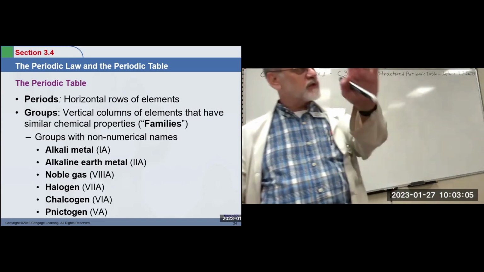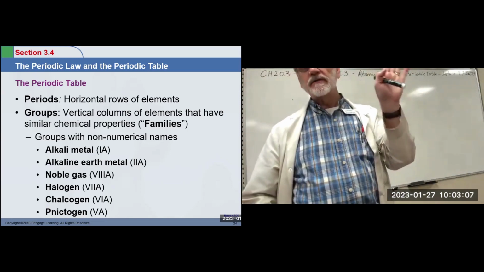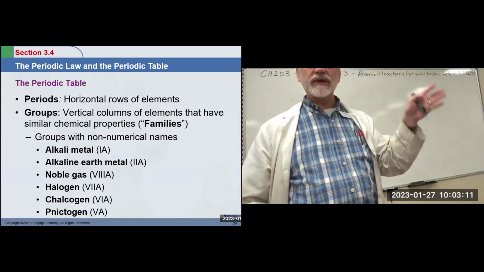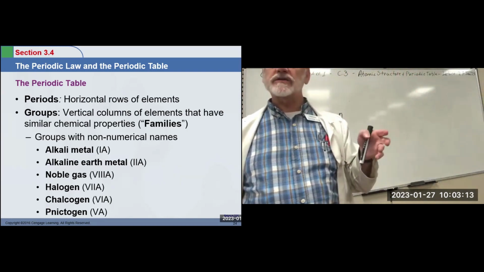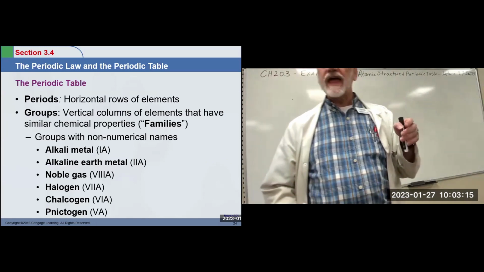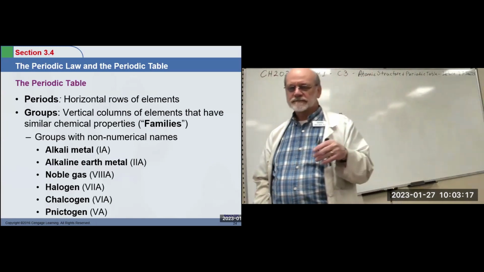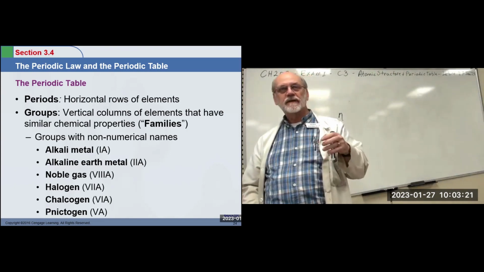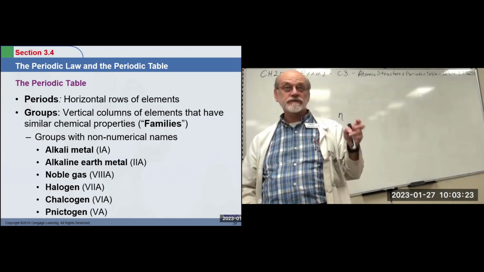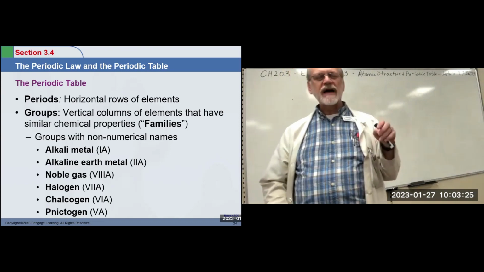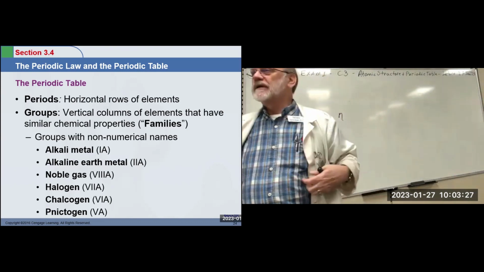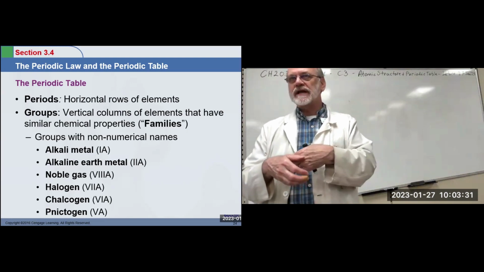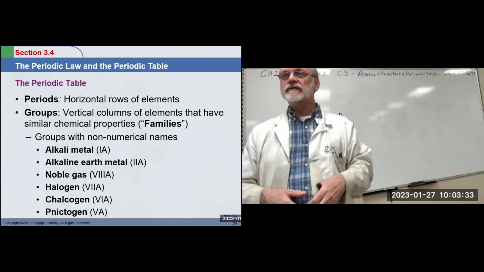Halogens, the next ones to the left of the noble gases, are the halogens. Fluorine, chlorine, bromine, iodine, those are all halogens. And before the advent of LED lights, halogens were the most efficient that you could use. Iodine in a halogen lamp would be more efficient at producing light than an incandescent bulb or even a fluorescent.